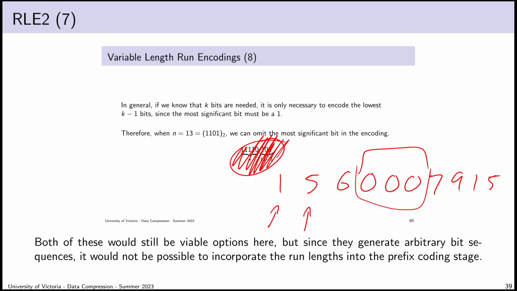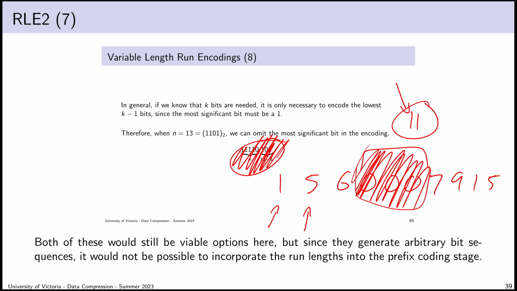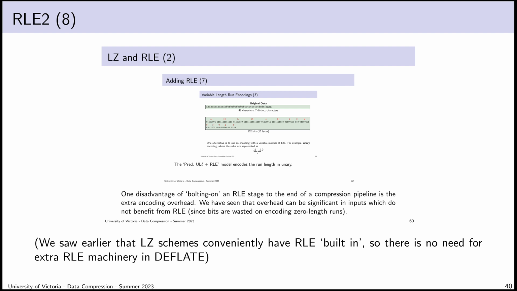I could represent that run of length 3 using 2 bits in binary. It's a bit more complicated than this, but basically we can add the binary encoding of the run length directly into this stream of symbols to replace the run of zeros. And I encode it into the stream of symbols by using a special symbol to represent the different bits that could occur in the run length, the bit 0 and the bit 1.